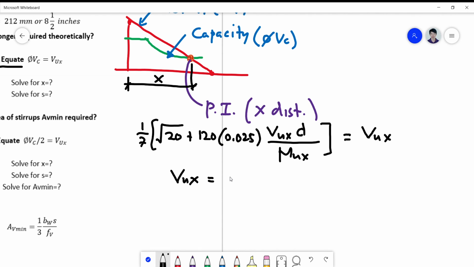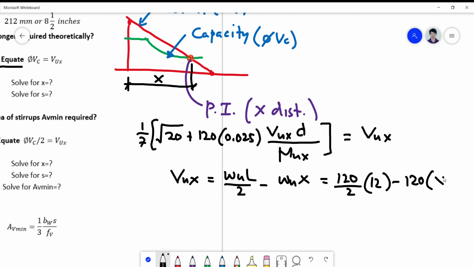What is VUX? VUX is WL over 2 minus WUX. Or this is 120 over 2 times 12 minus 120 times X. Okay, and your MUX is simply equivalent to the area on this diagram.